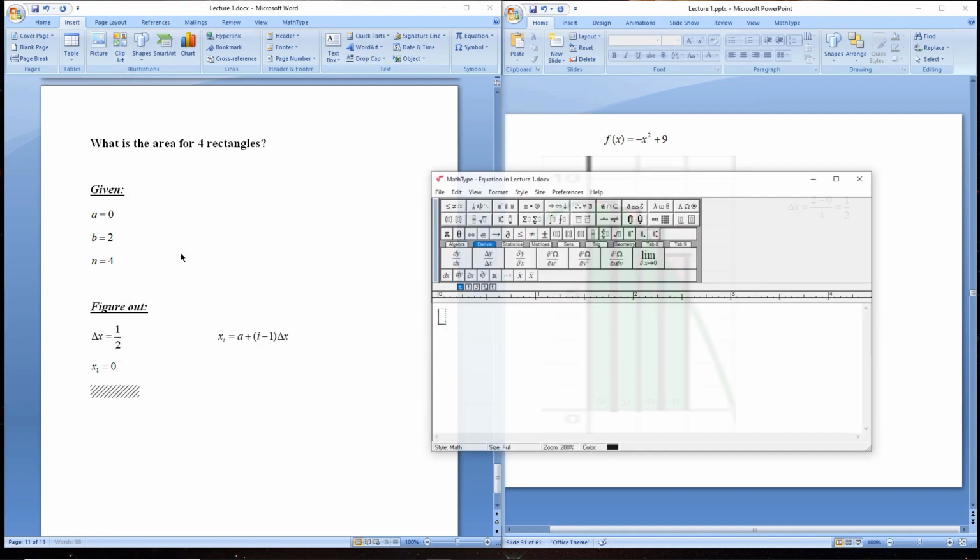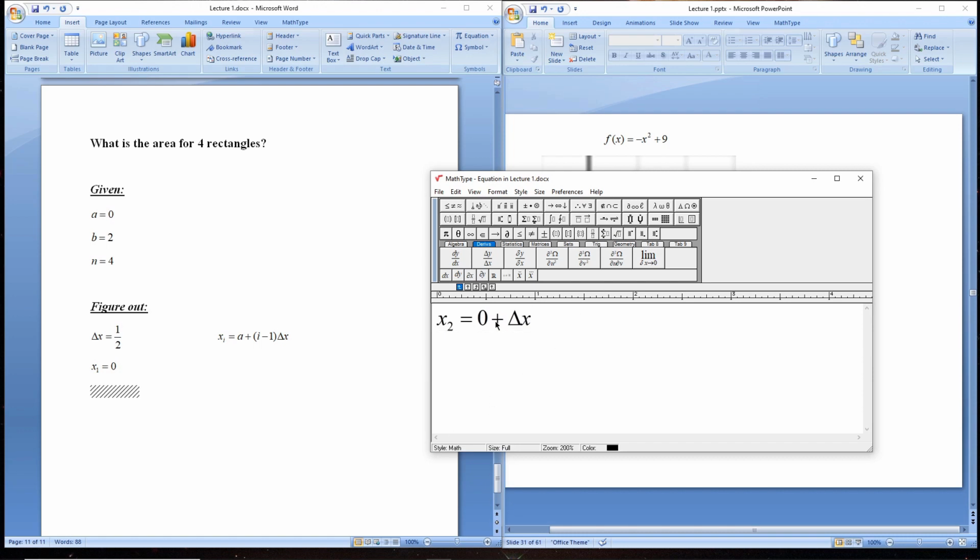With x sub 2, that means our index, our I value, is 2. So let's look at our expression here. It says this must equal a. We know a is 0 plus I minus 1. Well, I is 2, so 2 minus 1 is 1. And then delta x.